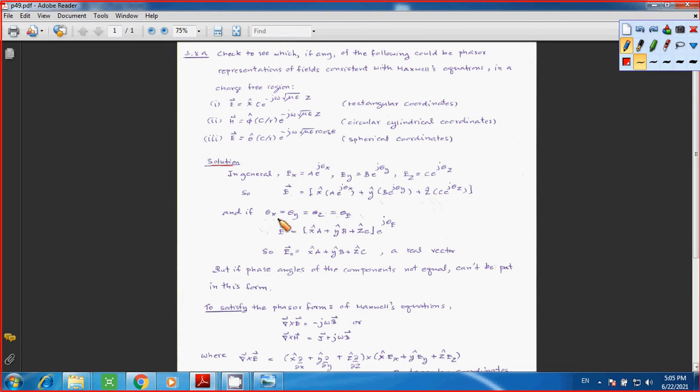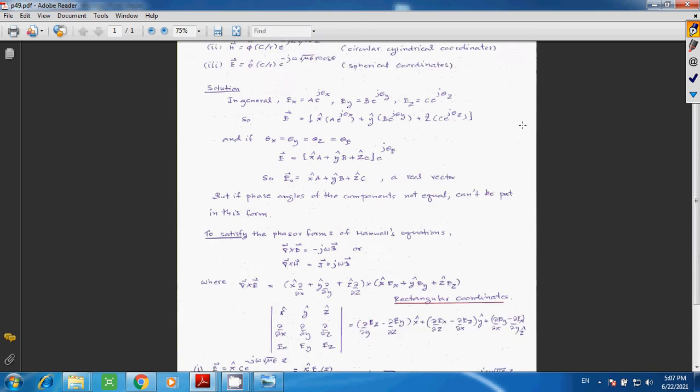And if phi x equal to phi y equal to phi z equal to phi e, you can rewrite E in the phasor form, and that's the real vector. But if the phase angles of the components are not equal, you cannot put the fields in this phasor form.